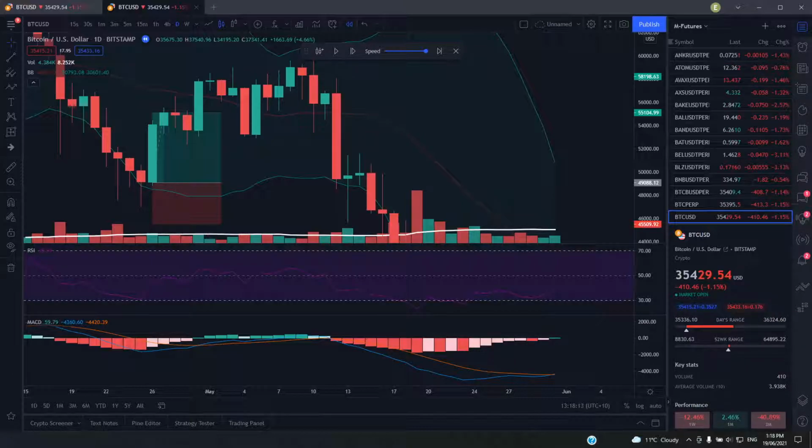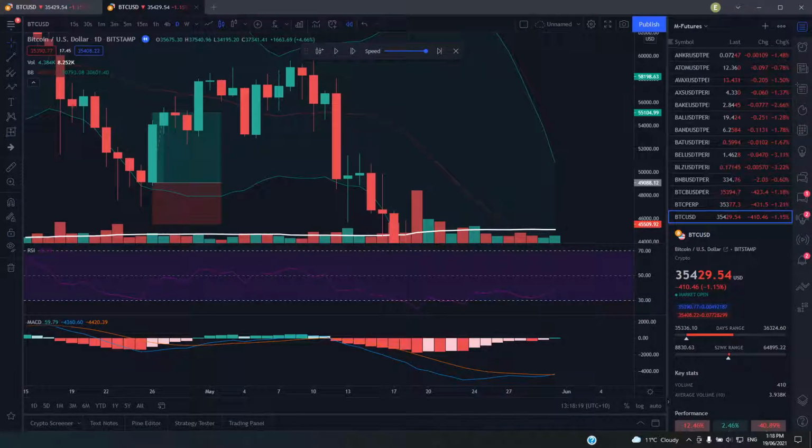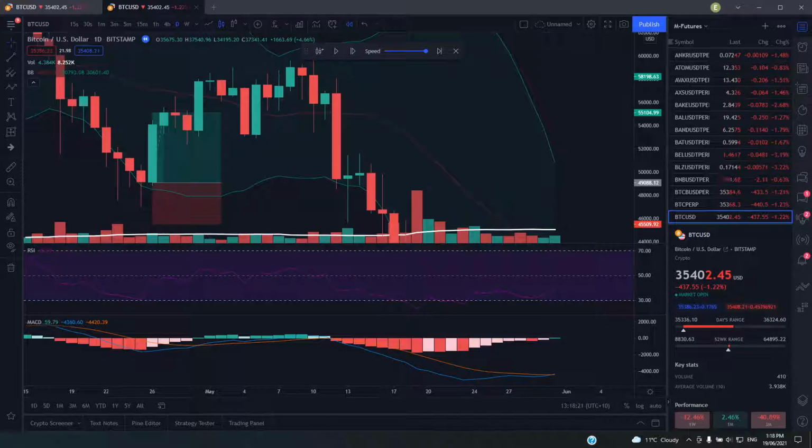Is this successful? If yes, manage trade. If no, analyze why.